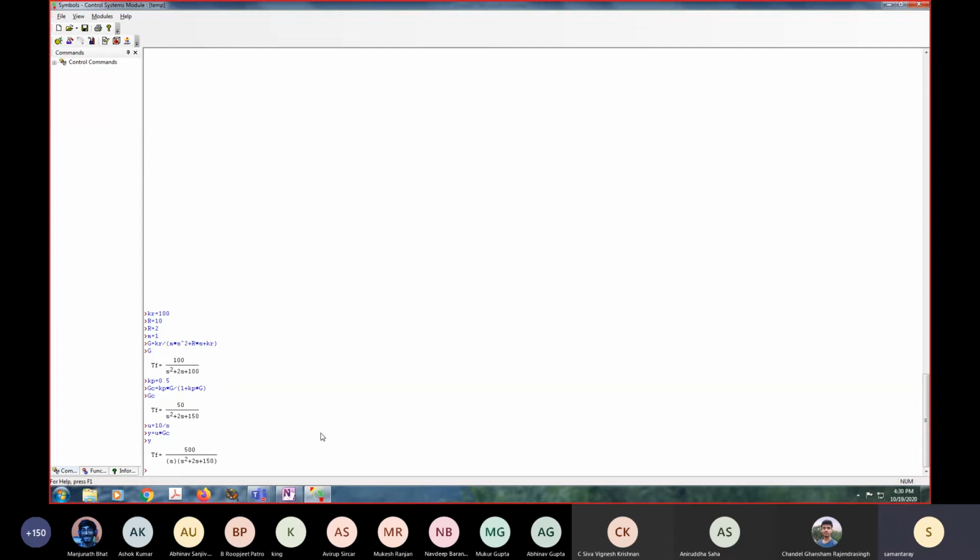If this is my output Laplace transform, I will just plot it. In fact, you can find the output just from the inverse Laplace transform of Y. If you look at this inverse Laplace transform, do you see it?